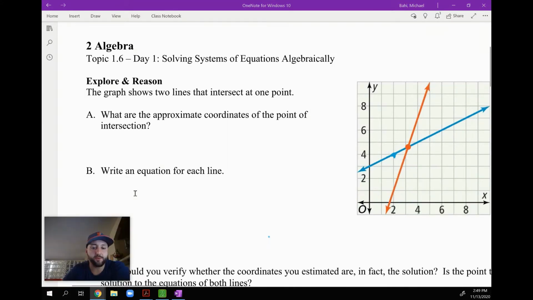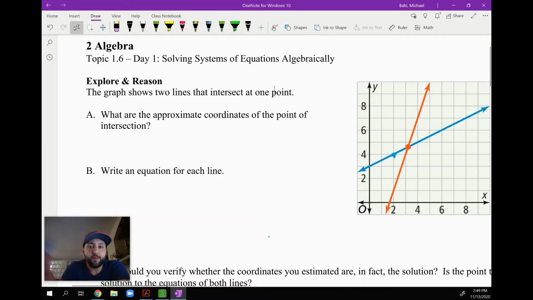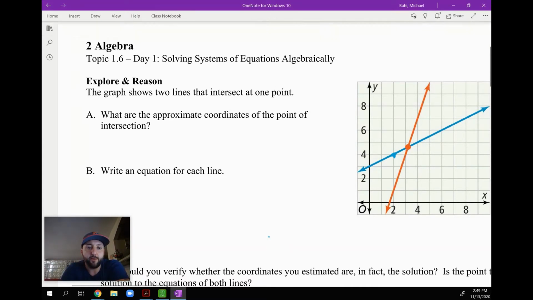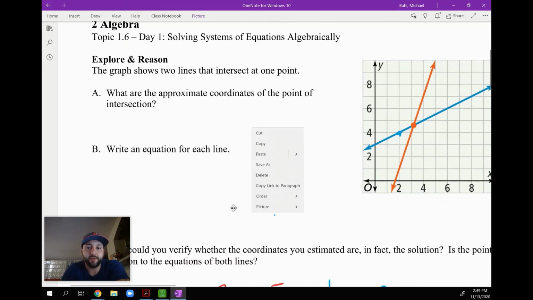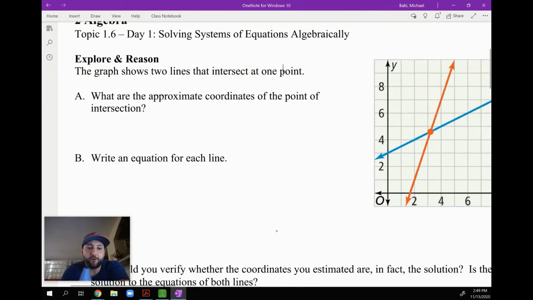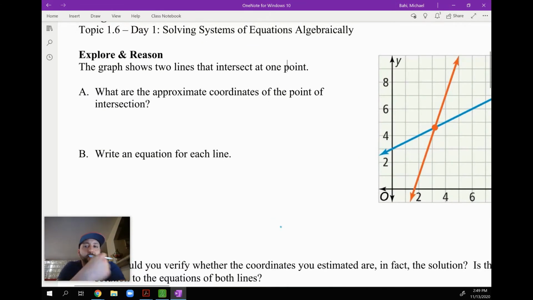So what we're doing is you're going to be approximating the coordinates of this intersection over here. I'll let you guys figure that out. But the whole point of doing this graphically is so that we can actually see exactly where things cross.